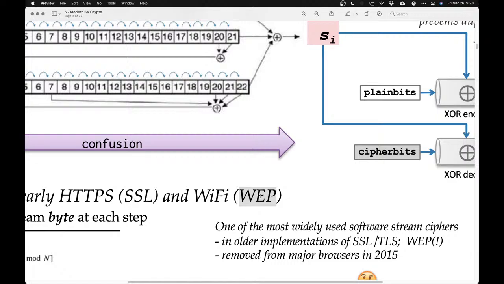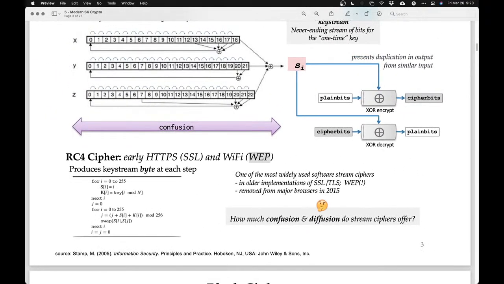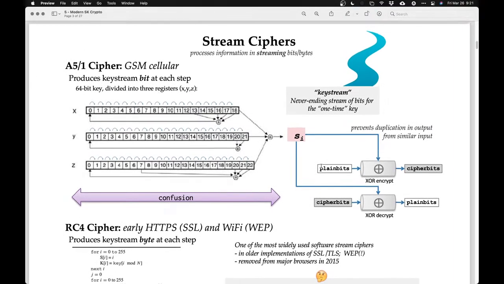There's a protocol called WPA. Before that, it was something called WEP. That was what we used. In fact, as of 10 years ago, when I started teaching the class, when you set up a router, you would be asked, do you want to set it up as WEP or WPA? So WEP was the earlier protocol, and this used this RC4 cipher, which is again a key stream byte by byte.